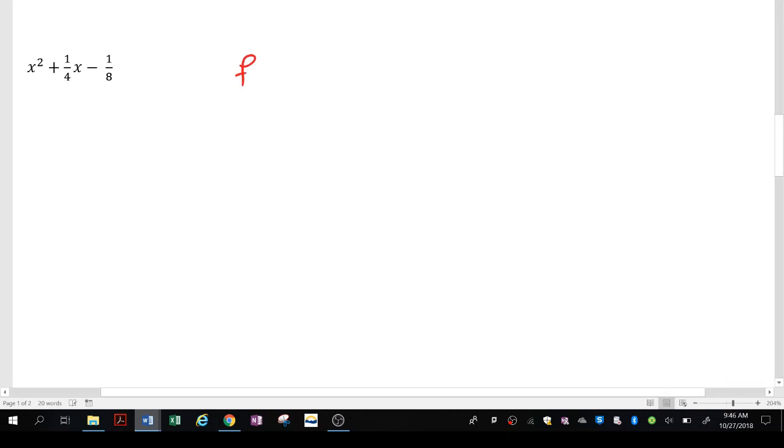So again, we want to look at the factors of our value for c, which here is negative 1/8, and we want them to sum to positive 1/4. So remember when we're looking at factors of a fraction, one of them is going to be negative.